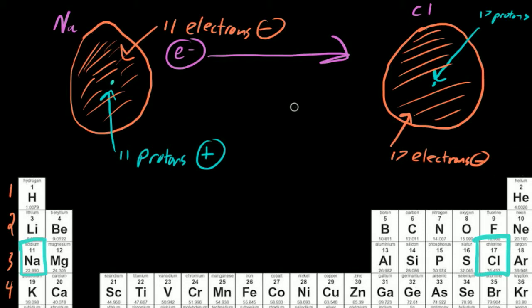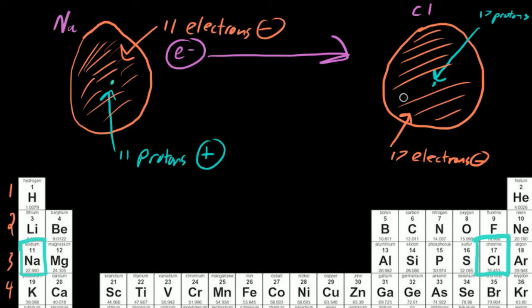When I was first learning about that, I thought, well, wait a minute, that means sodium is going to have one too many protons and chlorine is going to have one too many electrons. It almost seems like it shouldn't make sense.